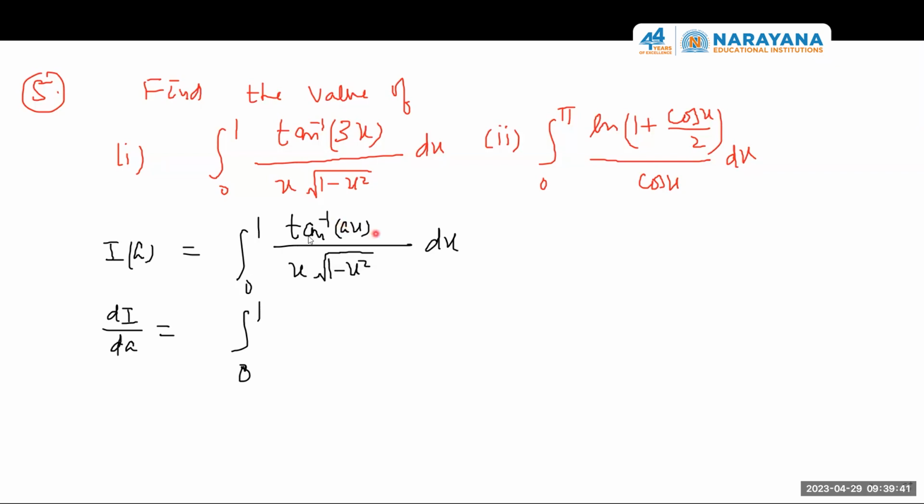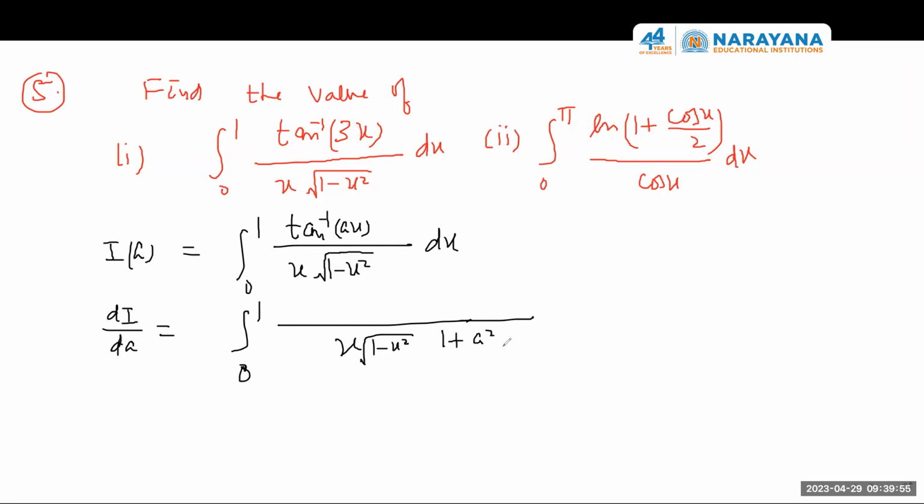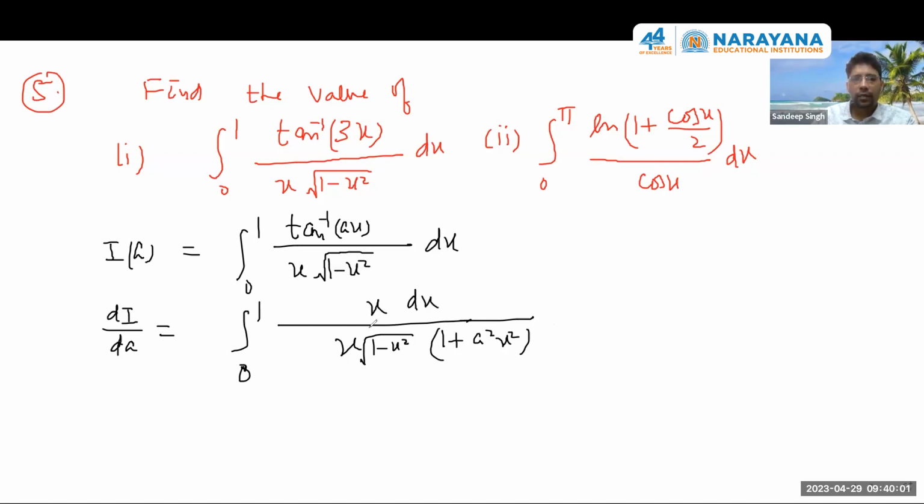Yes. So now I have to take the derivative of tan inverse AX with respect to A. So tell me what will be that derivative? And this denominator will remain as it is. So that will be 1 upon 1 plus A square x square. And in the numerator, x will come, with respect to A. You cancel. Now can you integrate this?